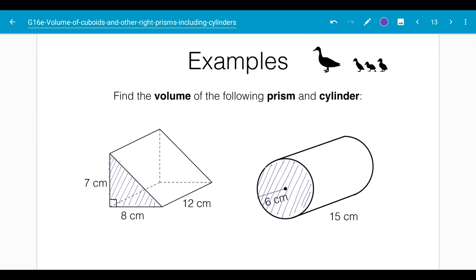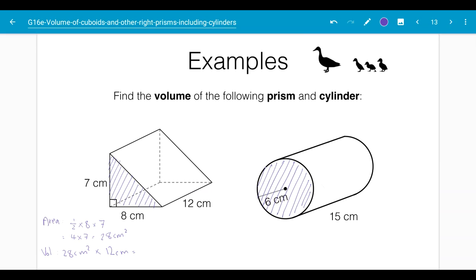So in these cases, I've got an area, which is a triangle, and that is going to be a half times by 8 times by 7. I can do the half times the 8 first to get 4 times 7, which is 28 centimeters squared. Volume then is going to be 28 centimeters squared multiplied by that final length, which is 12 centimeters.